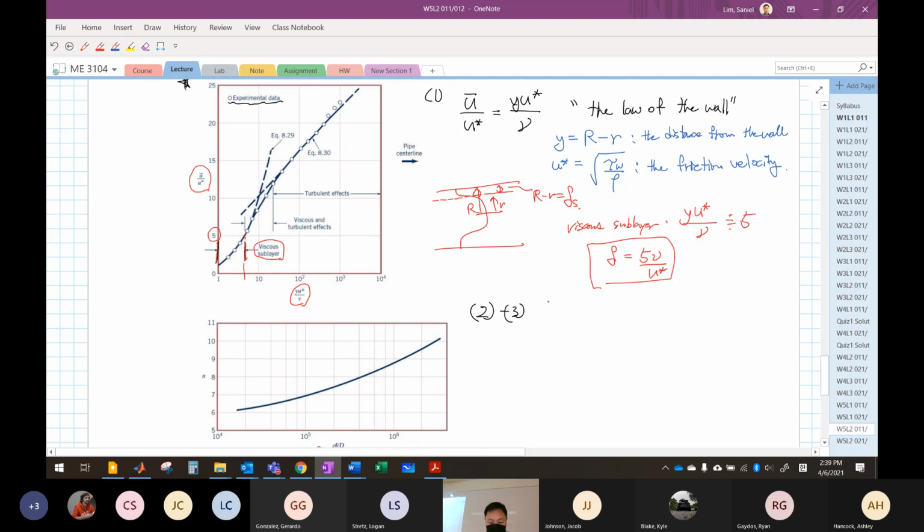Let's write down the equation here, just for the second one for now. You can find this equation in the textbook.